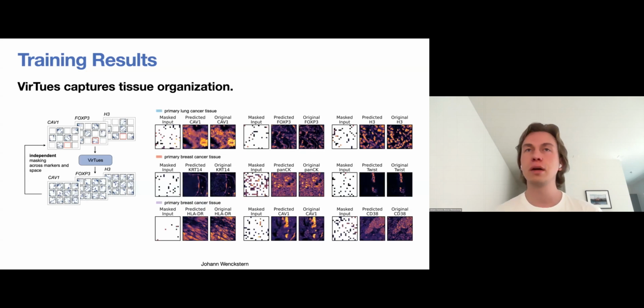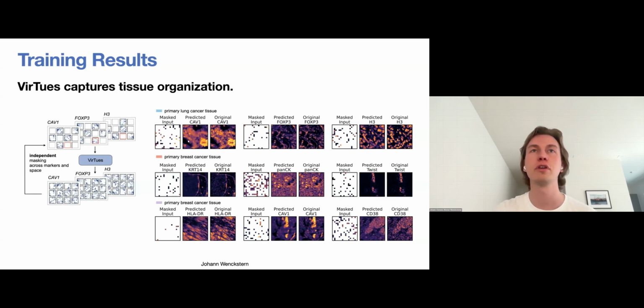And here I'm showing some examples of the reconstructions. You see in the first column of each example always the input to the model, so what the model sees. In the second column, what the model predicts. And the third column, the ground truth. And what we can observe here is that the model indeed learns to predict highly accurate reconstructions of the expression patterns.